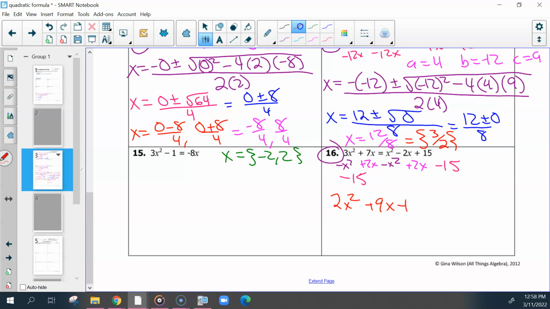And then I have my minus 15. Again, it does not matter how you do that. And then you would find your A, B, and C and put it in the formula and continue. Makes sense.